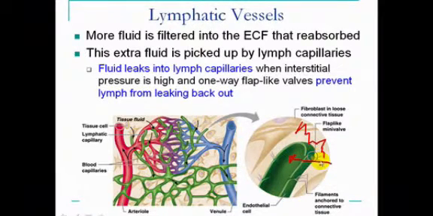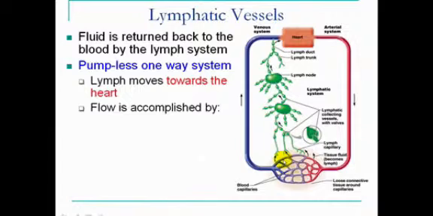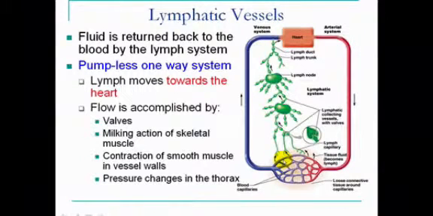So once the fluid moves into the lymph vessel, it's trapped there, and now you call it lymph. Now the lymph system is going to move that fluid through the lymph system and eventually dump it back into the blood. So it plays an important role in maintaining blood volume. In general, you leak about 3 liters of fluid into the tissues that doesn't get reabsorbed at the venous end.